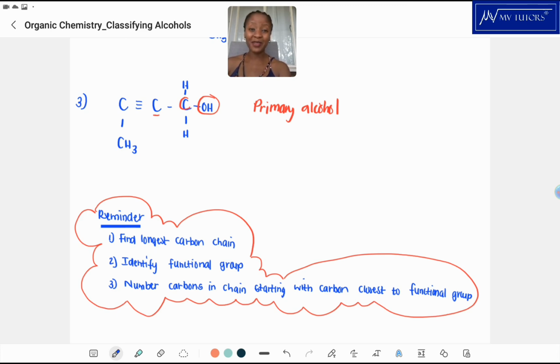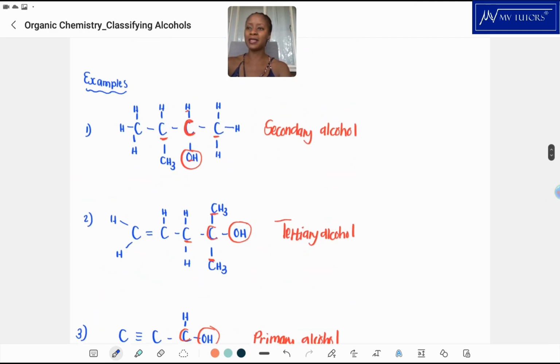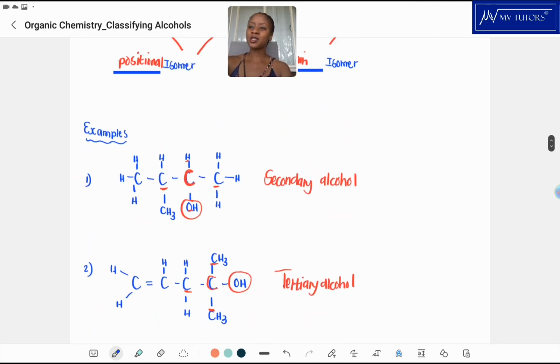But where do you even start? You start with the carbon closest to the functional group. Okay, so let's start with number 1. So where we're going to start numbering, we're going to number from the right. So we have 1, 2, 3, 4, and that is the longest carbon chain.